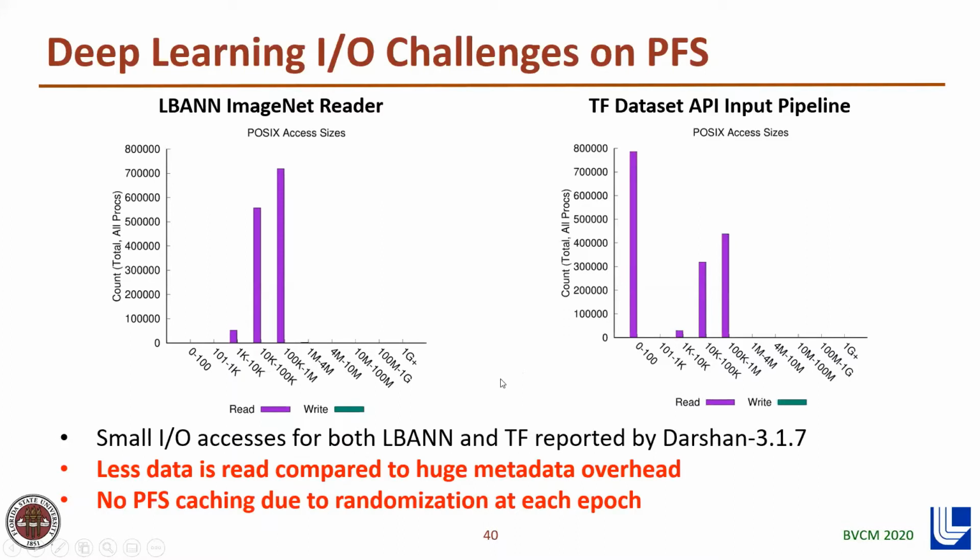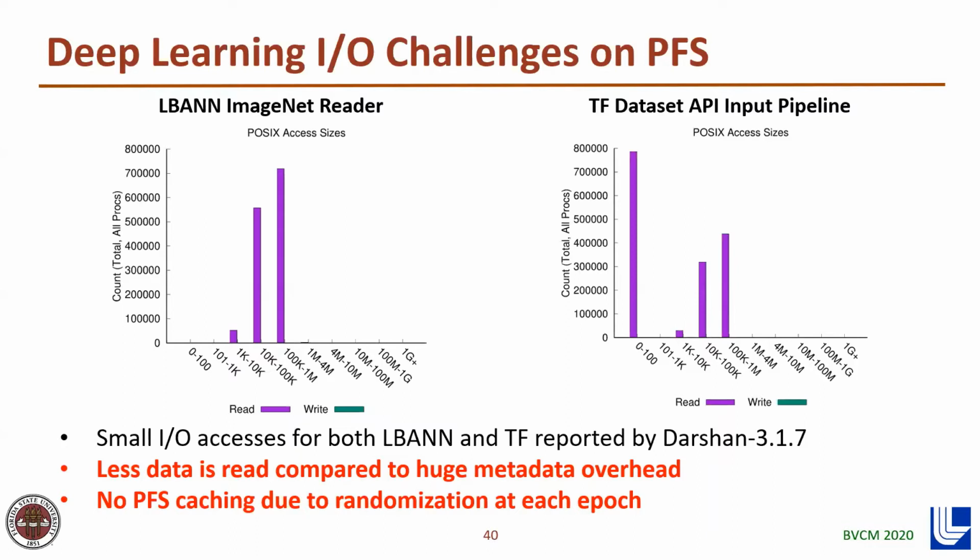Another thing is that at the beginning of each epoch in deep learning training, we have to do a global randomization so that we do not get caught in local optima, or the application does not learn the ordering of the images. So we have to do full randomization.